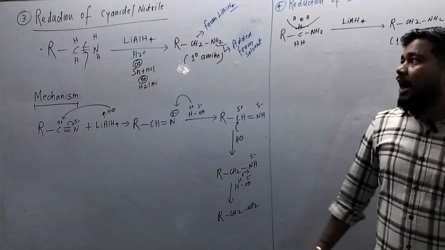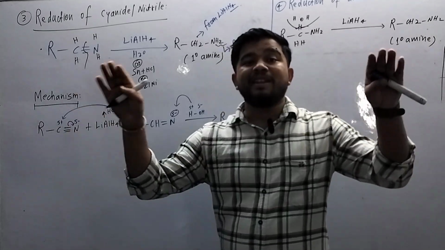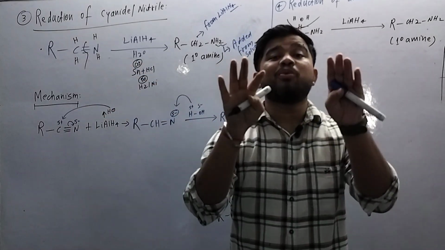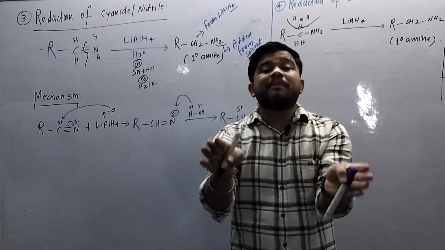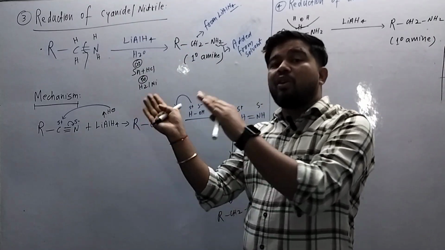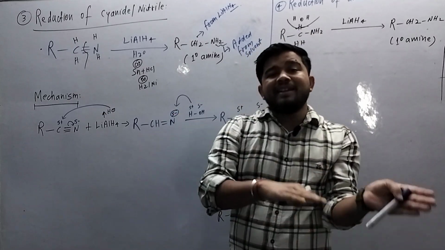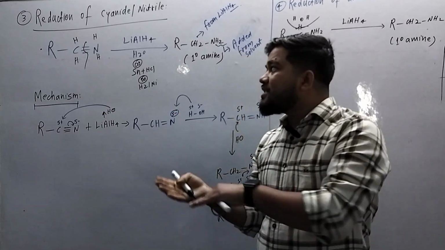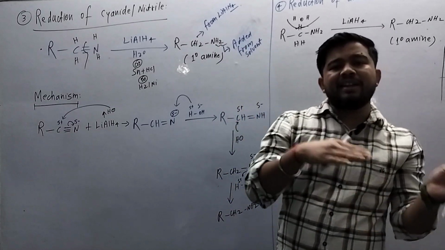Okay. Our next method of preparation of amines is the Gabriel phthalimide synthesis of 1 degree aliphatic amine. From Gabriel phthalimide, we cannot prepare aniline, because phthalimide is reacted with aqueous NaOH, then alkyl halide, and again KOH.